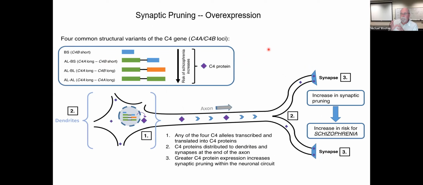When I say the gene, it's actually a single gene that's transcribed, and then there's major post-translational modification of that gene relative to expression.